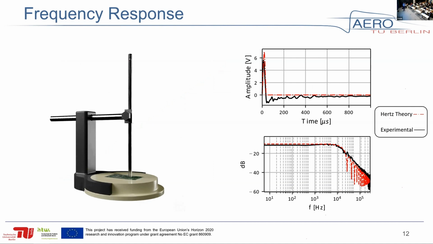You can tell it's matching quite well. So we can assume that our sensor has a linear, flat response, at least up to 20 kilohertz here, but probably it should be higher. This is a limitation of this system, which can only reach these values because of the material of the ball, the size of the ball, the mass of the ball. This moves the cutoff frequency.